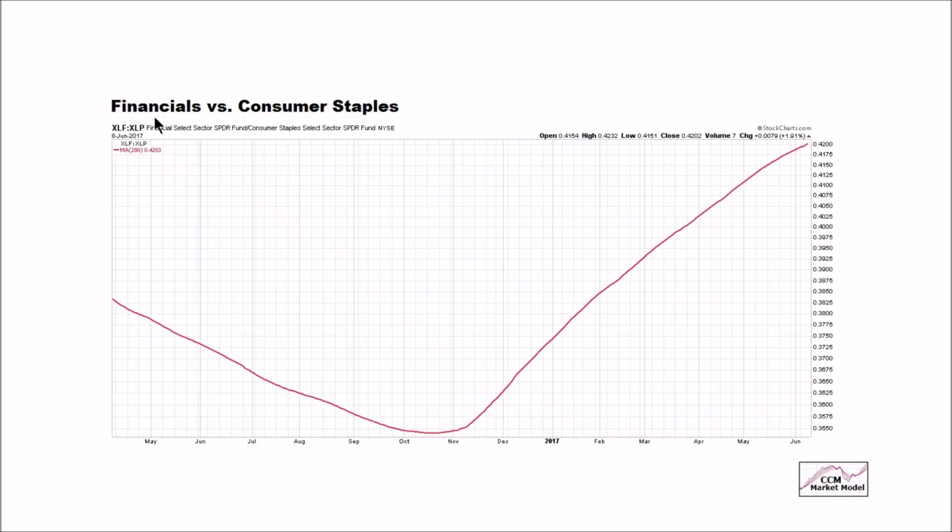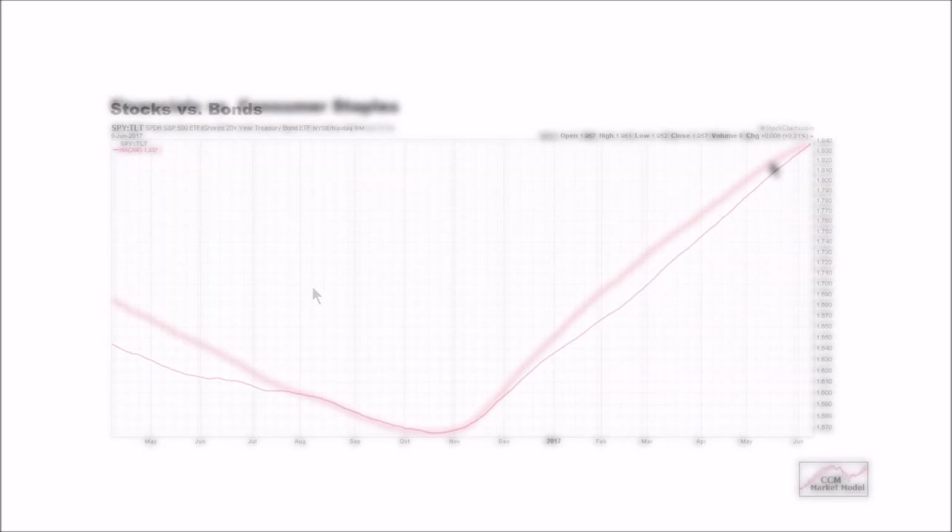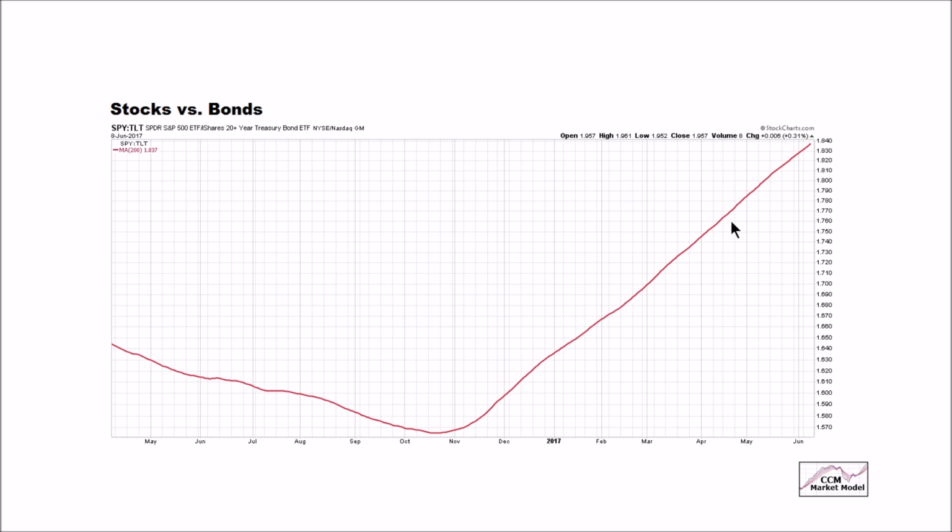Growth-oriented financials relative to defensive-oriented consumer staples. This is the long-term trend. Slope of the 200-day moving average and the long-term trend in risk-on, risk-off stocks, SPY relative to TLT, is not throwing up any red flags from a long-term perspective.